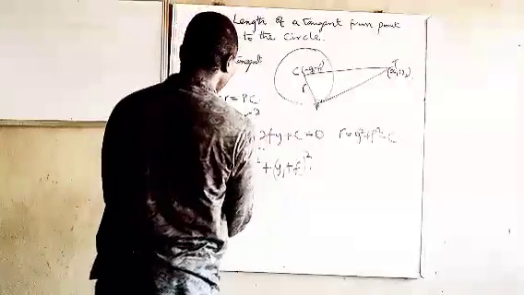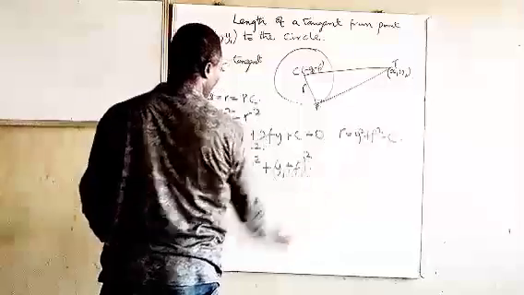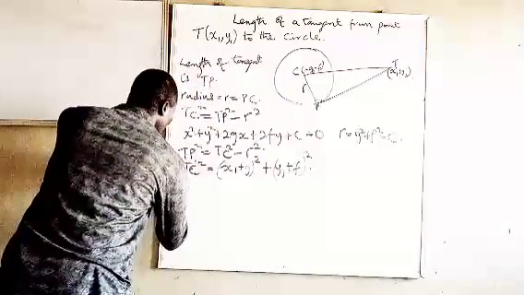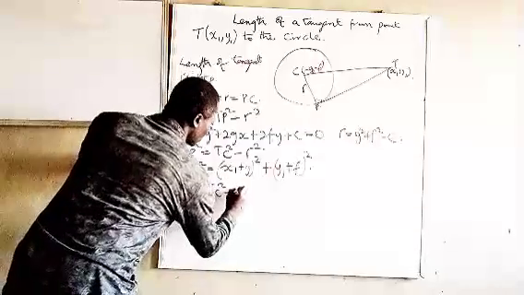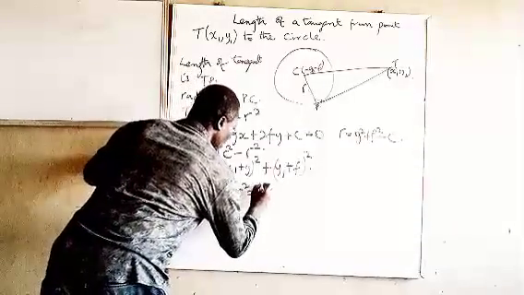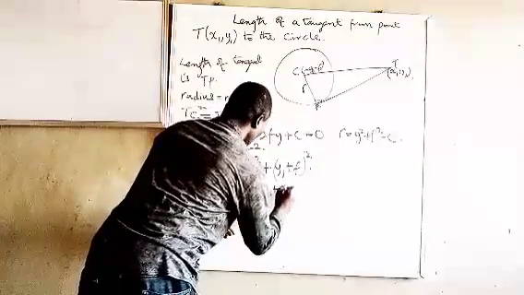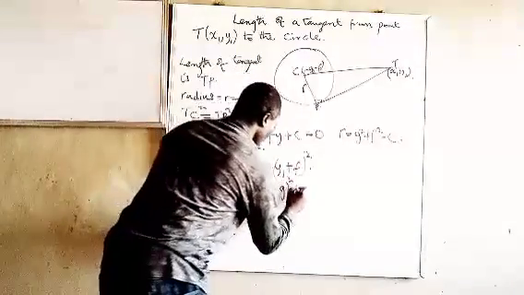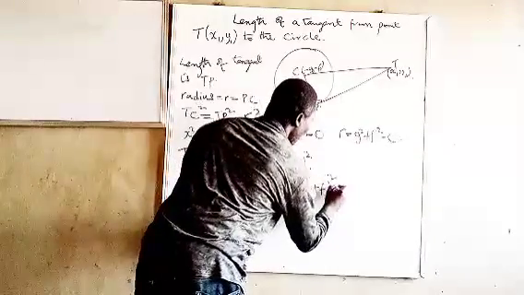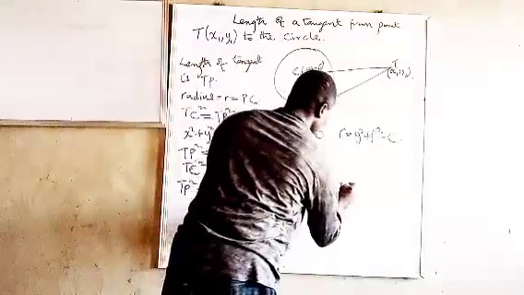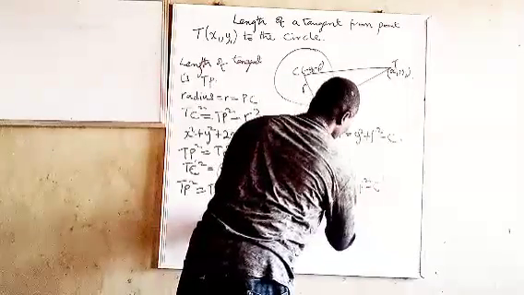And our TP squared is this one minus R squared. So TP squared is equal to x1 plus g squared plus y1 plus f squared minus g squared plus f squared minus c.